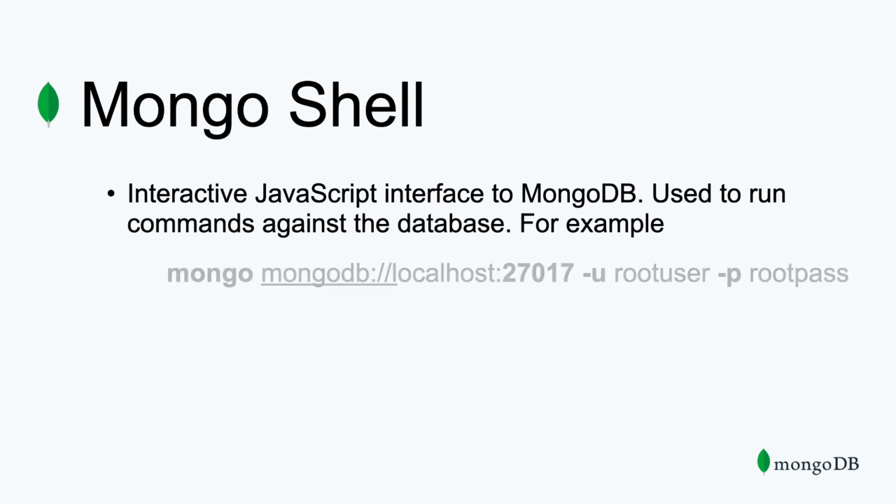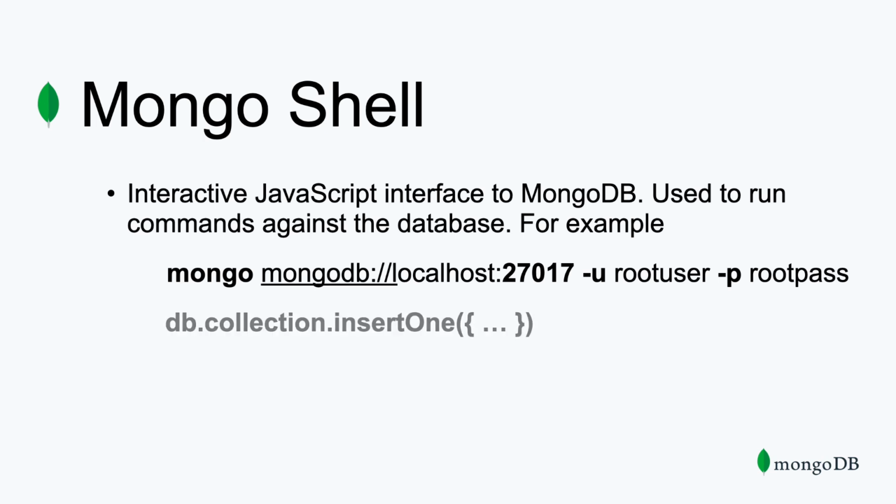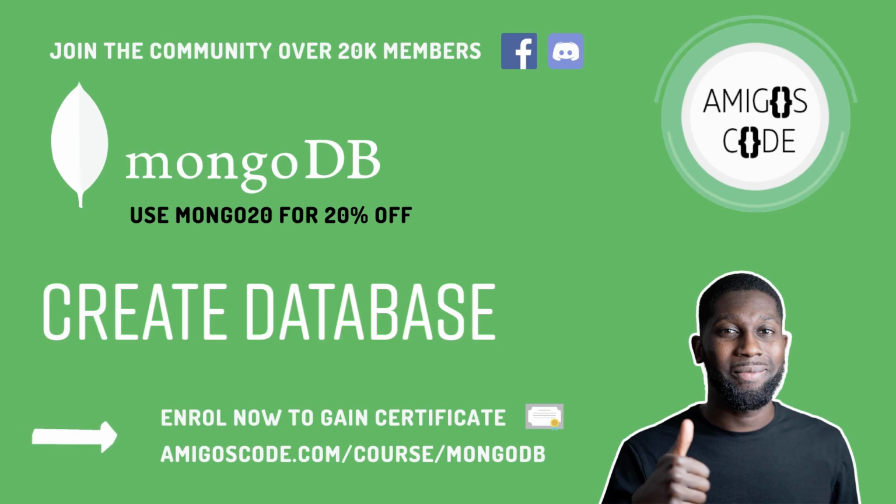For example, you saw mongo and then we used the URL to connect to it, but we can also use, for example, db.collection.insert. This is actually inside of the shell. We can run this command to insert a document under one collection, and you're going to learn more about collections and documents next. If you have any questions, go ahead and drop me a message. Otherwise, let's move on.